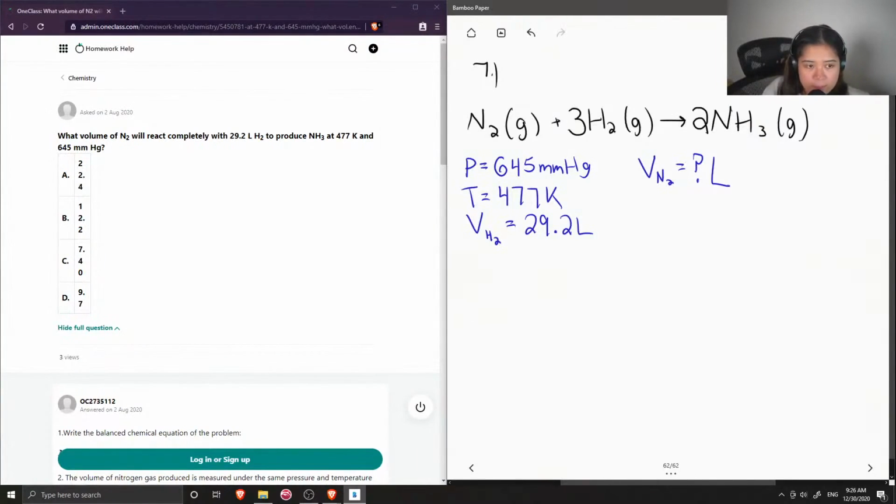Okay, so to answer this question, it helps if we know the formula for an ideal gas equation. So the equation for an ideal gas is PV is equal to nRT.